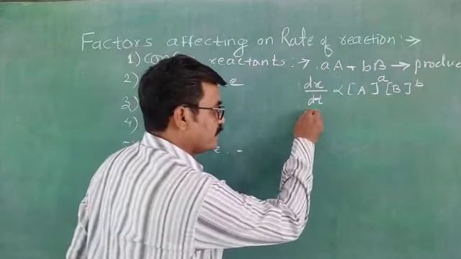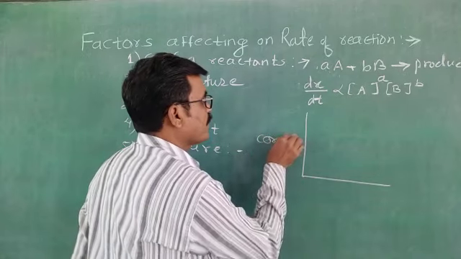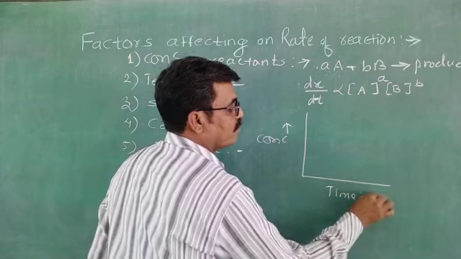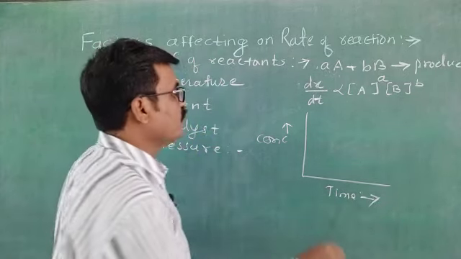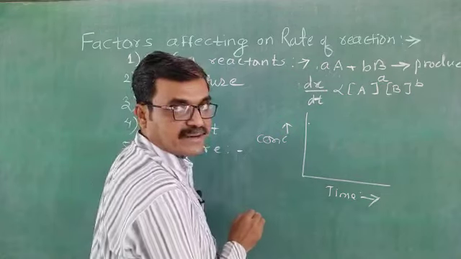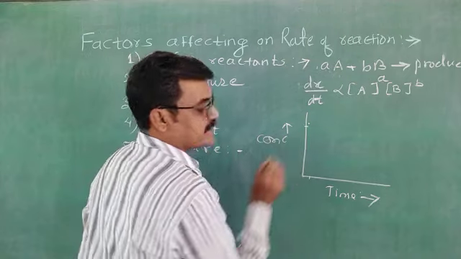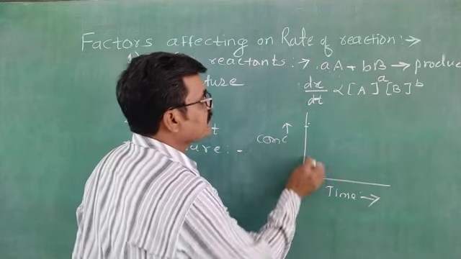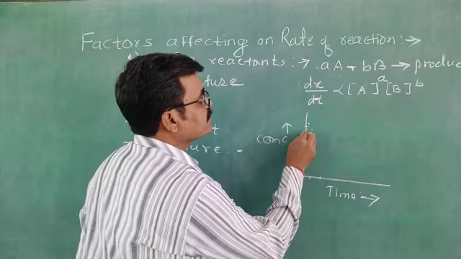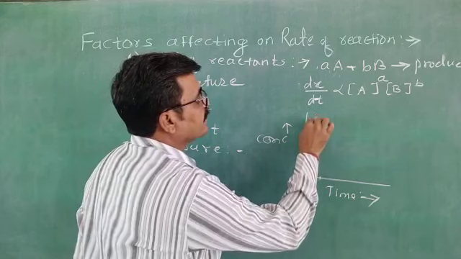Means if we plot a graph of concentration versus time, initially at time 0 only reactant is there. As time increases, the concentration of the reactant decreases. Now the intersection of these two gives this point. In this way you will get this curve.